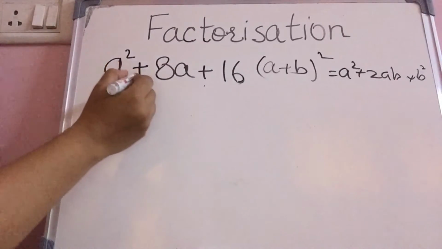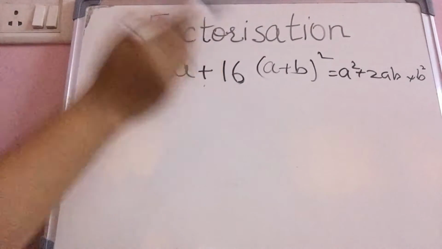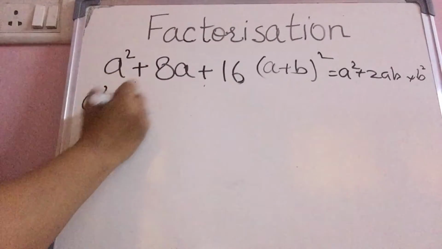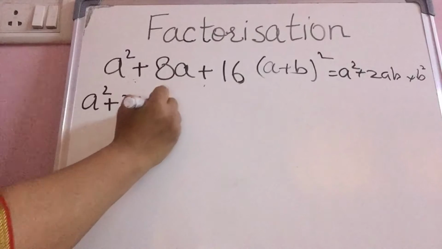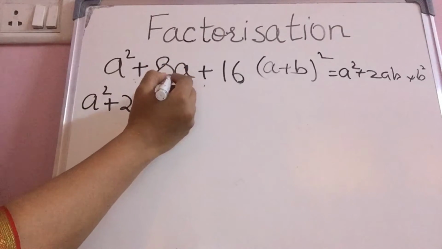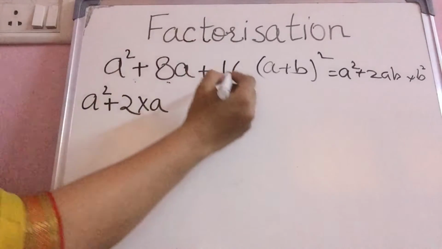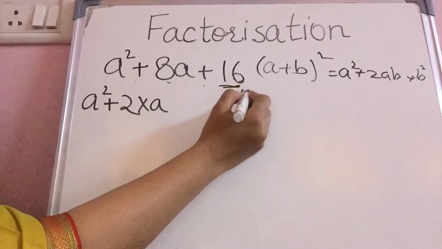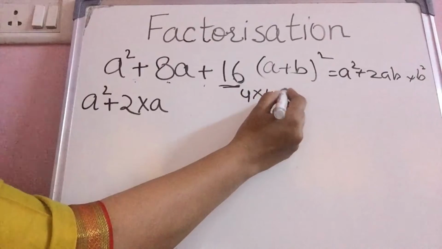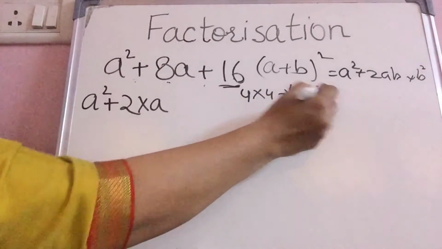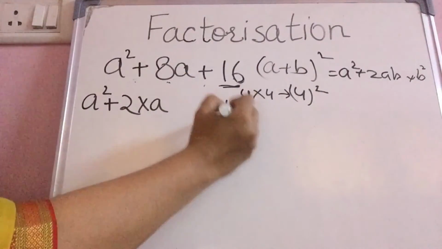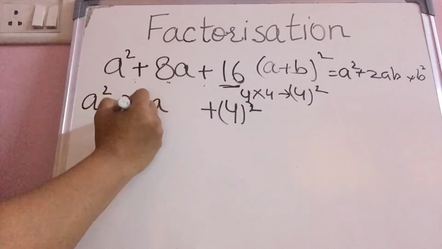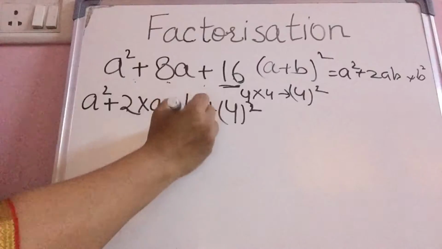Now we will compare this example with this identity. We'll write it like a square plus 2 into a into b. What is b? B is this term. If we factorize 16, we get 4 into 4, that is equal to 4 square. So b is 4. 2 into a into b, that is 4.